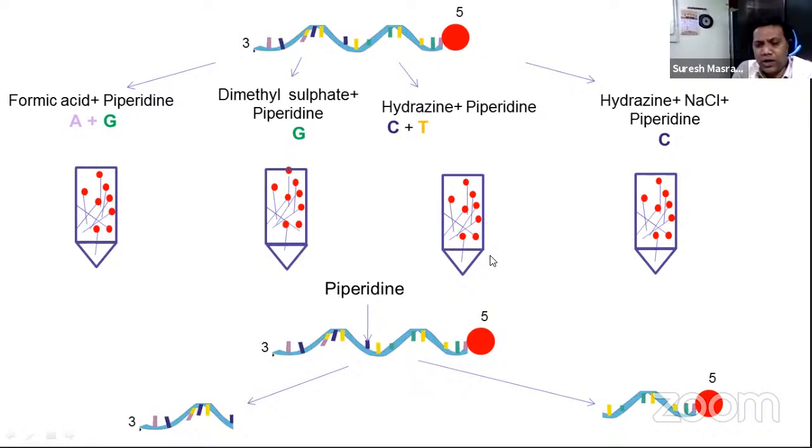There is a presence of both fragments, but only the labeled fragment is visualized and can be seen. The fragment which is not radioactively labeled also runs along the gel, but it cannot show its presence on the X-ray film, and thus it is not analyzed and is not meant to be analyzed.